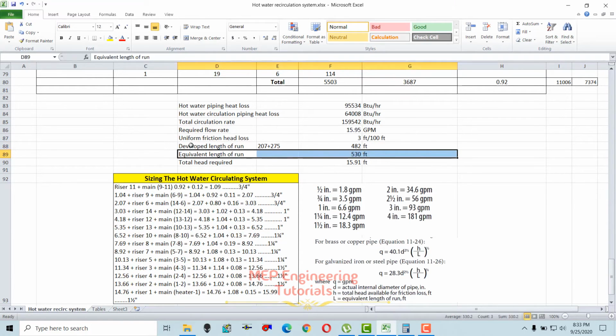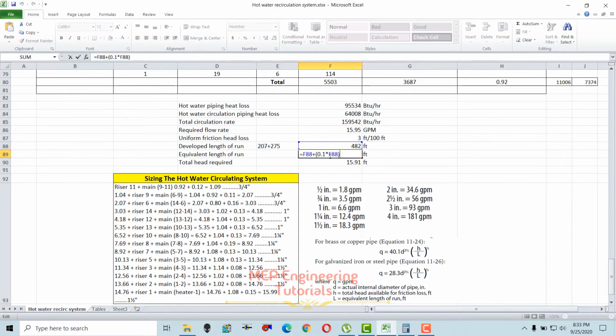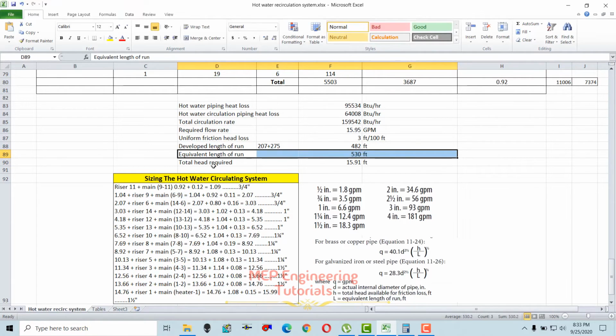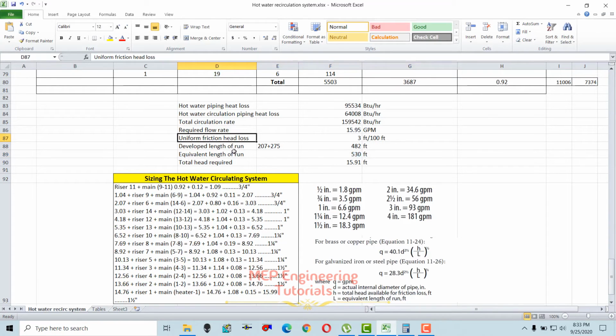We know the total length of straight pipe, but we don't know it for the fittings and valves. So we take 10% of this value and add it, and we get 530 feet as the total equivalent length of run. Now we know the equivalent length of run and the friction head loss, 3 feet per 100 feet, which is the recommended value, and that's why we have used it.